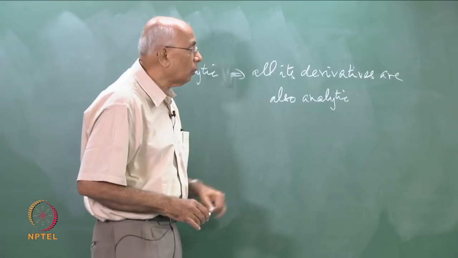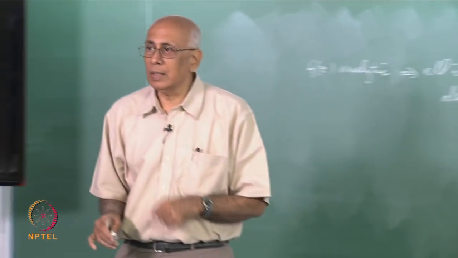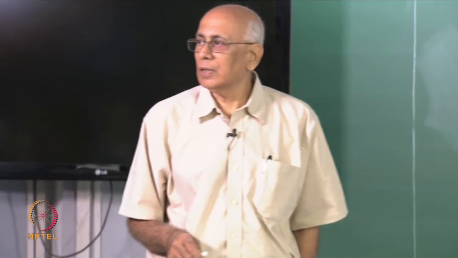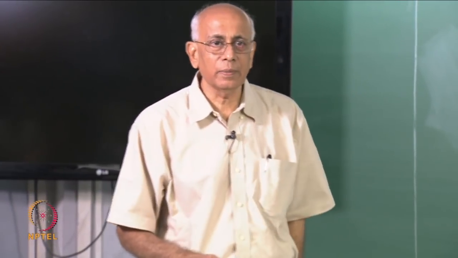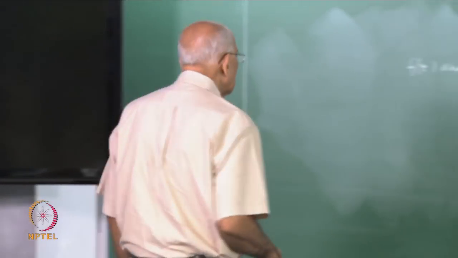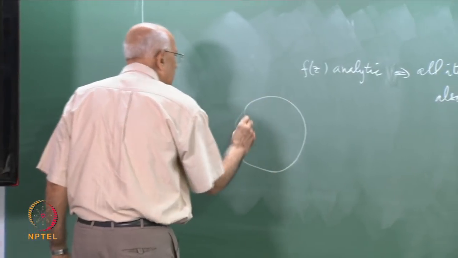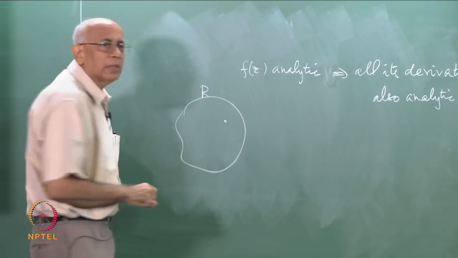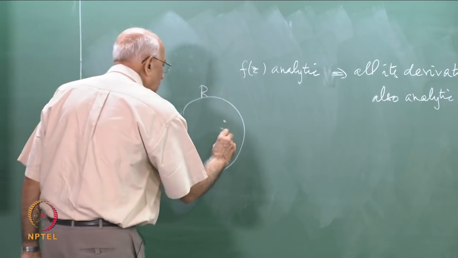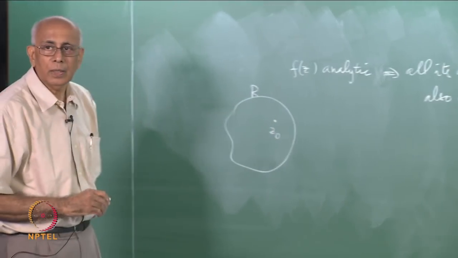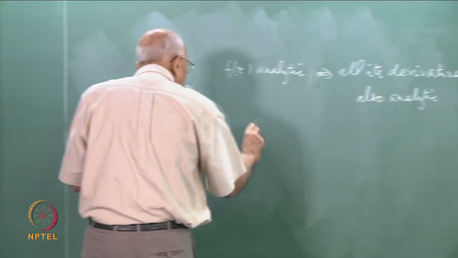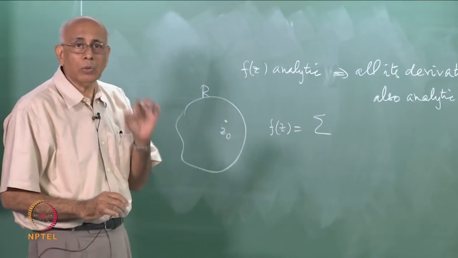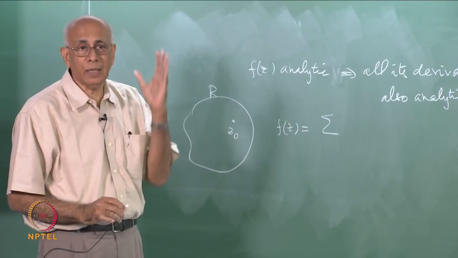Okay. Now what it implies immediately is that you have a very useful representation for analytic functions in some region where it is analytic. If a function is analytic in some region like this, let us say it is R, then at some arbitrary point in this R, let me call it Z0, in general you can represent f of z by a power series about the point Z0, in general an infinite series.